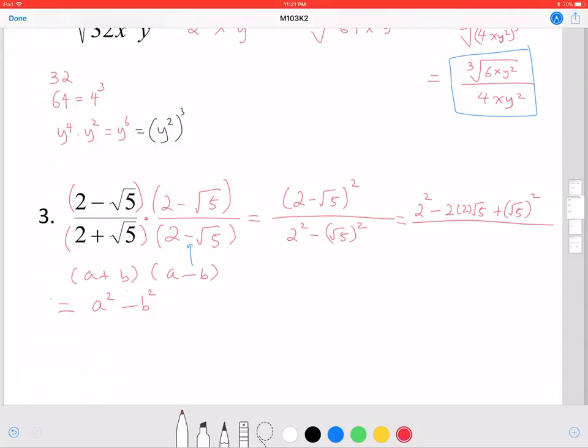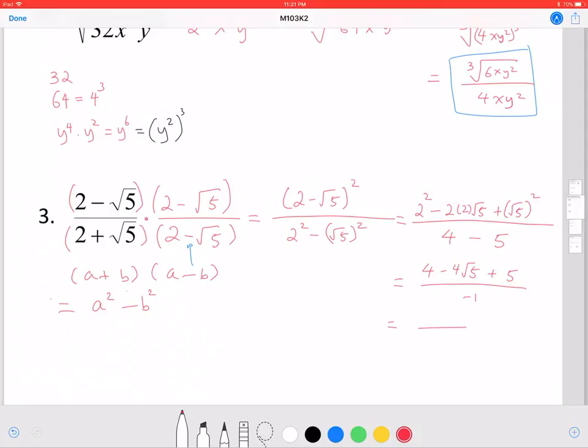And in the denominator, 2 squared is 4 minus square root of 5 squared is 5. All right. Let's clean this up. What I have is 4, because 2 squared is 4, minus 4 square root of 5 plus 5. And the denominator, 4 minus 5 is just minus 1.